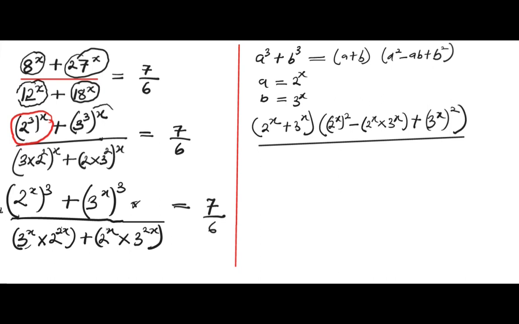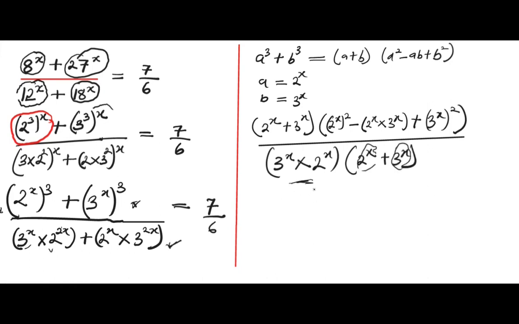So we can factorize this out by writing it this way, okay? 3 raised to the power of x times 2 raised to the power of x, open bracket, times 2 raised to the power of x plus 3 raised to the power of x, okay? So nothing has changed.